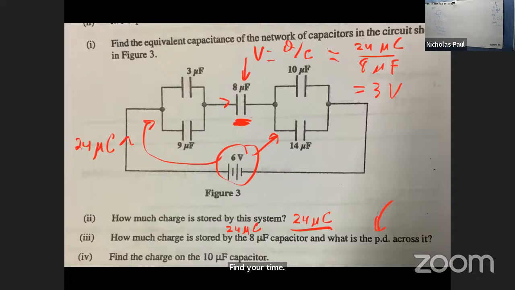Find the charge on the 10 microfarad. So it's not minus 4, right?